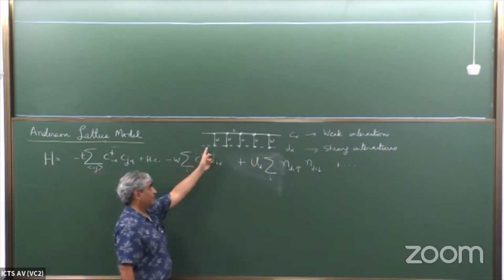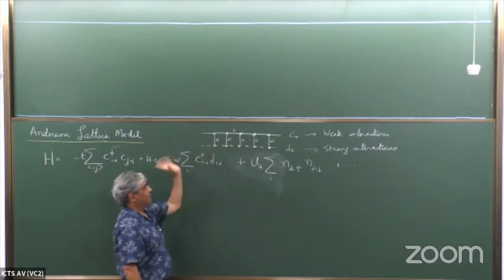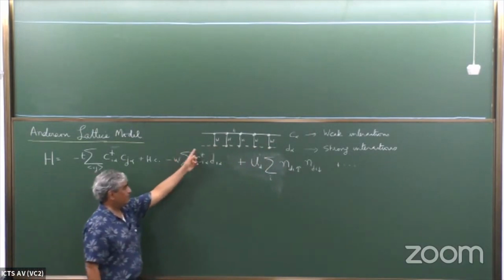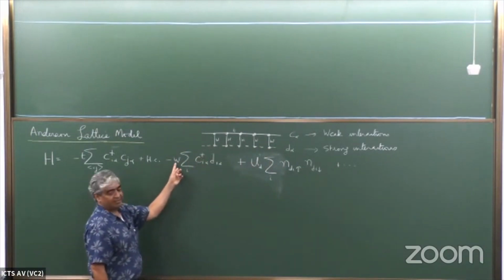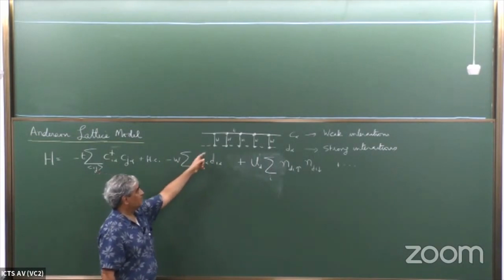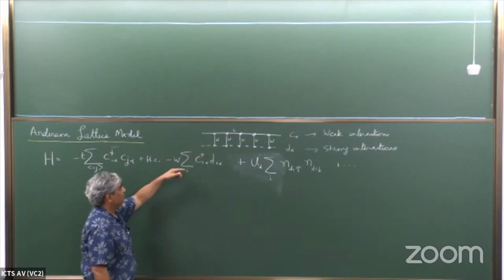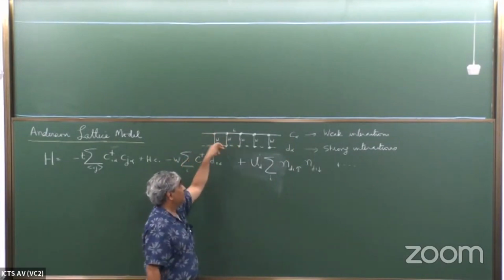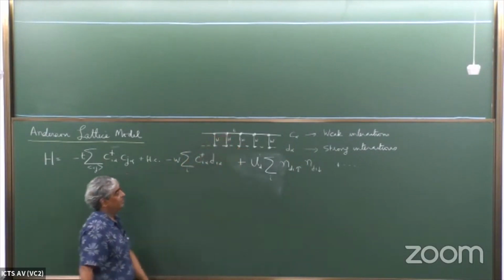They could even be hopping on the D sites, but I've just left it out. It's supposed to be weak. But what's definitely present is this hybridization, as it's called, W, between the 2 bands. So an electron hopping here can hop onto the D site, and then come back.